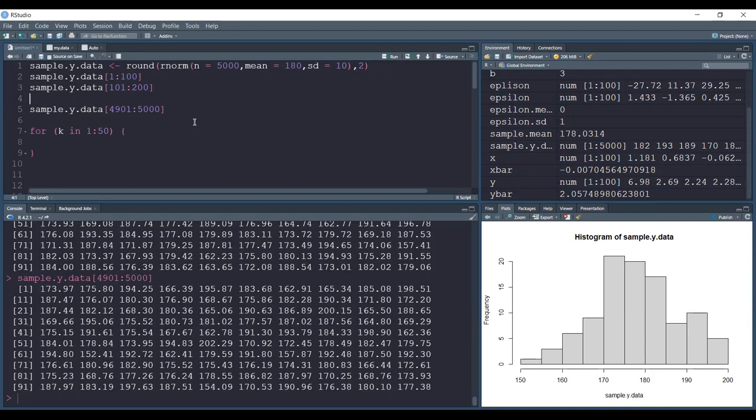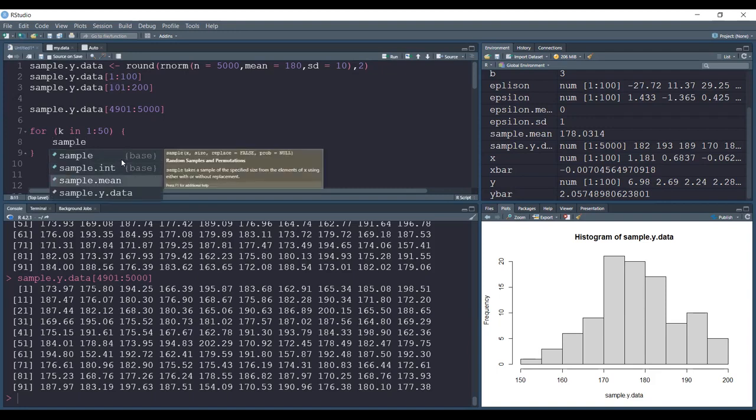It shouldn't be too difficult, right? Let's start with this formula. This is very easy. These are just arithmetic progressions, aren't they? So what I would say is sample y data.